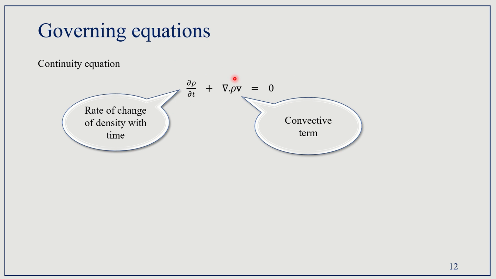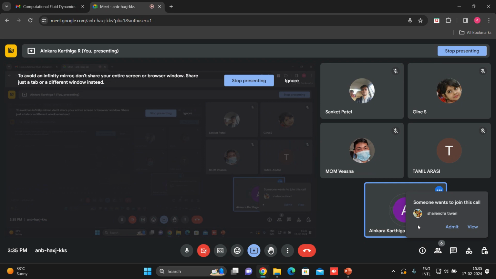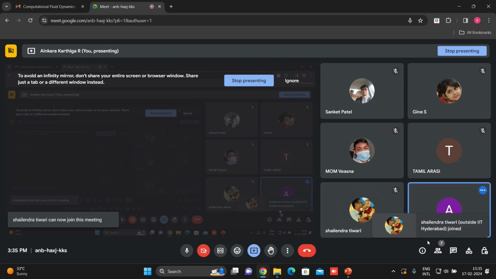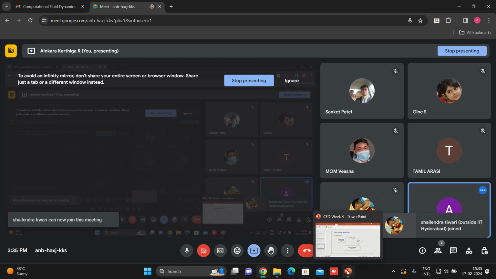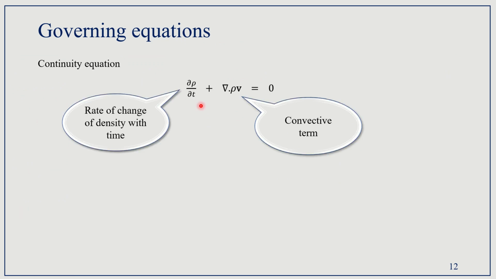So this is a generalized mass conservation equation, or the continuity equation.